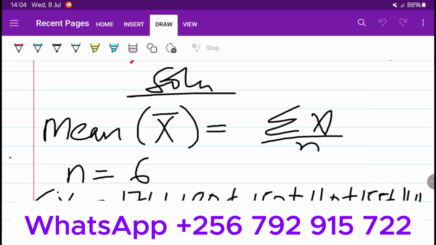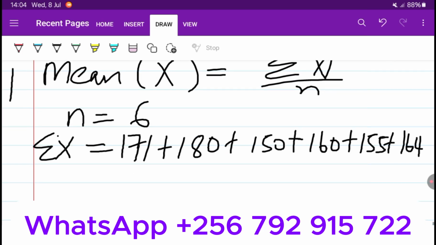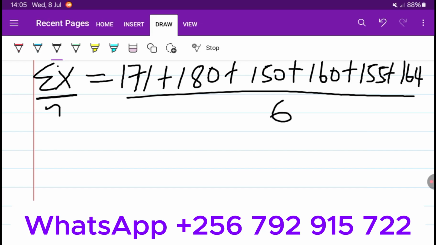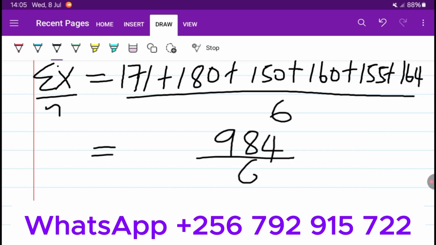I'm splitting these, but if you want, you can take all of it at once, whereby you just say summation x over n, then you divide the whole of this by 6, whereby this total will be 984 divided by 6, giving us 164.